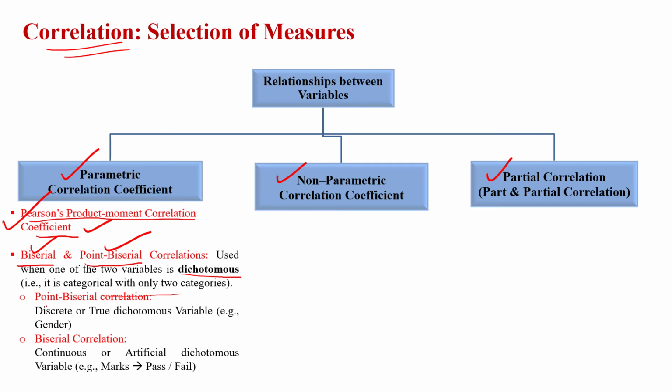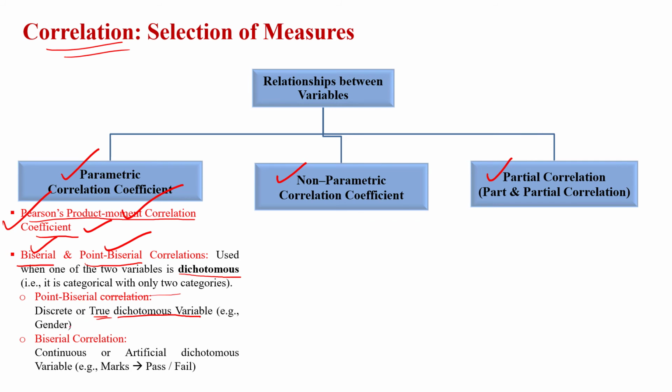The point biserial correlation coefficient is actually the Pearson correlation coefficient mathematically. But we apply the point biserial correlation when one of the variables is a true dichotomous variable, or a discrete dichotomous variable.